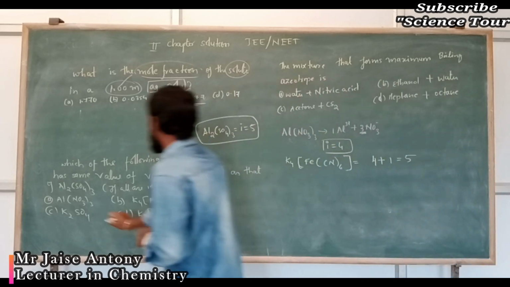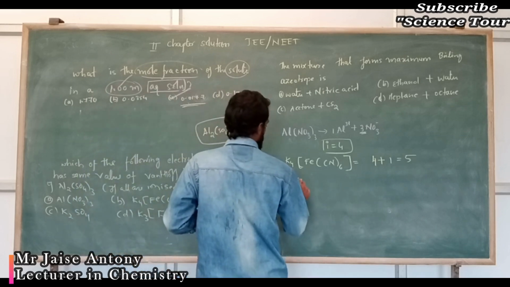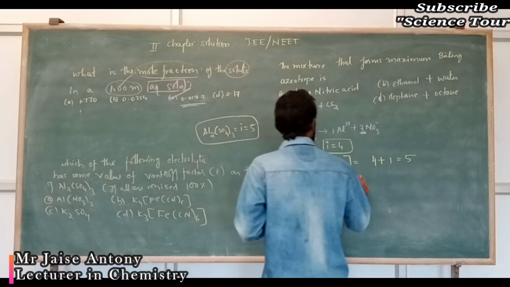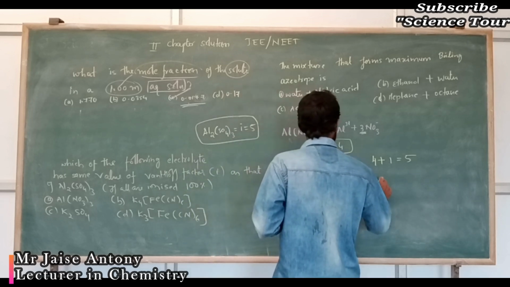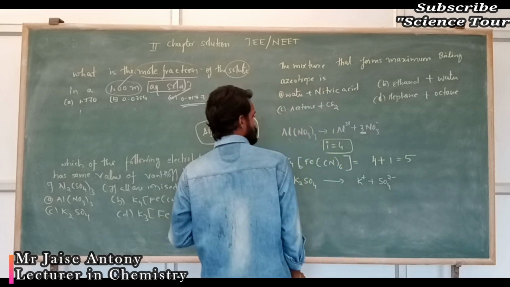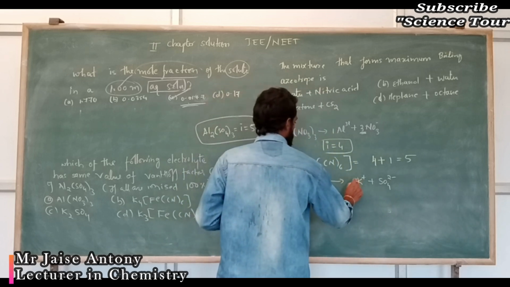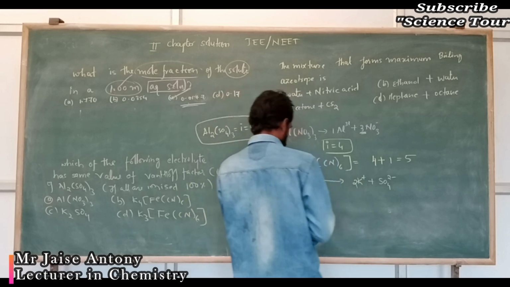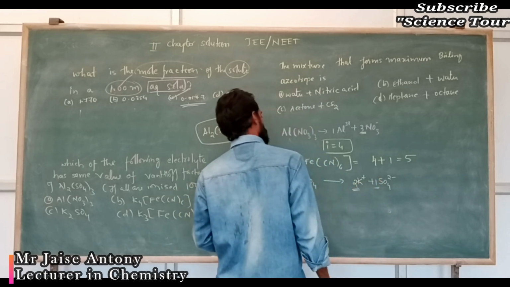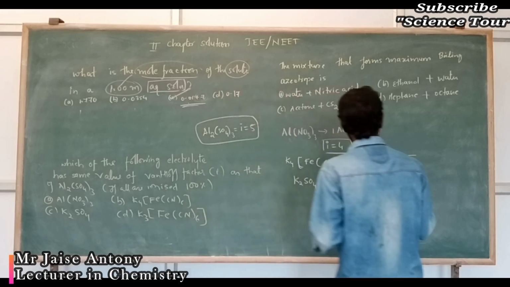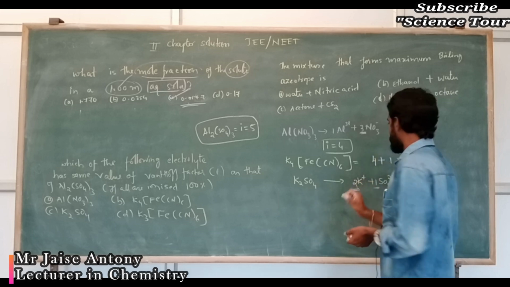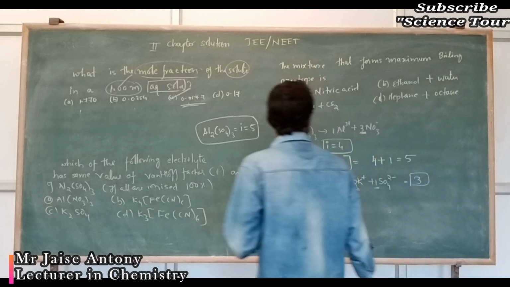And the next one you will check, potassium sulfate. Here potassium gives K+ and sulfate SO4 2-. Here the equation is balanced. Here 2 potassium you have to write. Number of ions here: 2 plus 1, 2 potassium and 1 sulfate, total 3. i factor is 3.